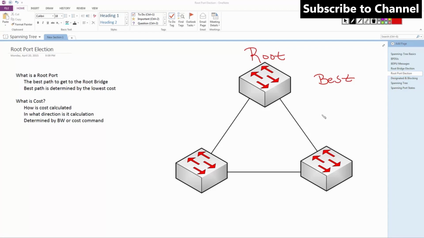We have to find a best way to get there. Now, from this root bridge perspective, he's not really concerned about this aspect of it. He's the root. That aspect is done. He's not concerned with his best path to get to the root bridge. Wouldn't make any sense because he is the root bridge.